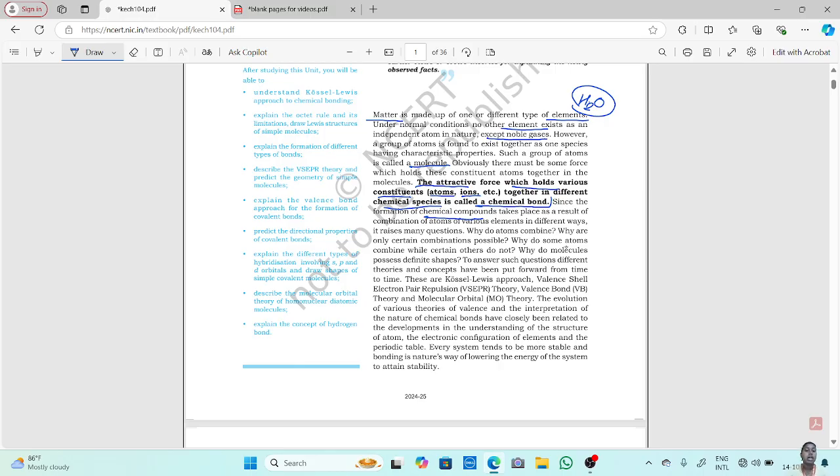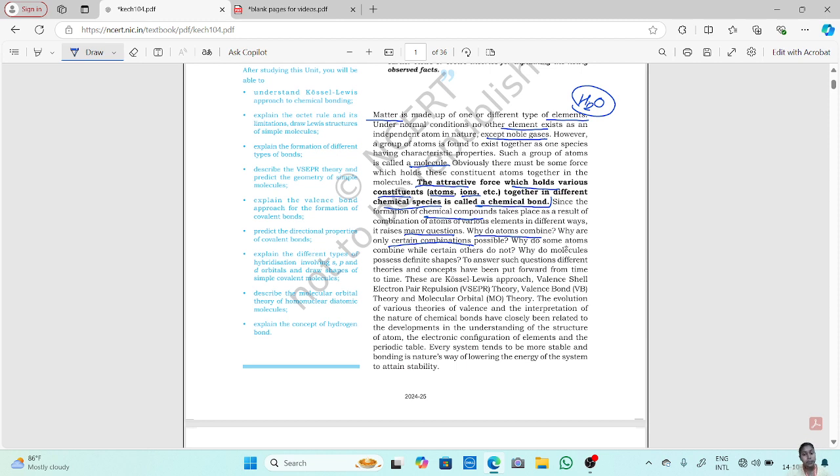Now this gives rise to some questions like, why do atoms combine? What is the need to combine? Why are only certain combinations possible? First of all, why do they combine? Second, if at all they are combining, why do they combine with certain elements only? Why don't they combine with other molecules or other atoms?